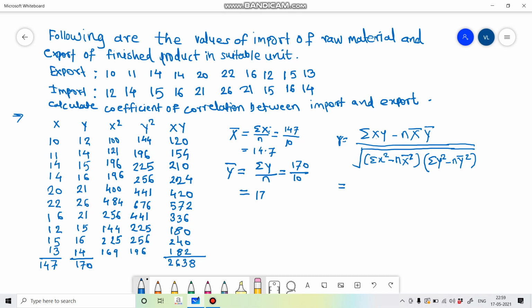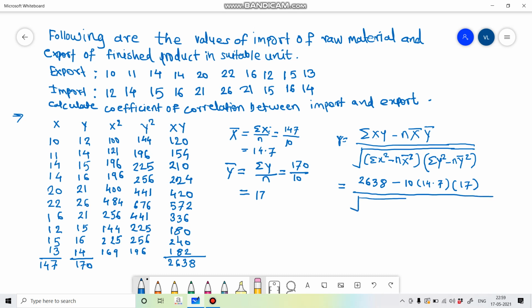Okay, now 2638 put here, minus n is 10 and x bar is 14.7 into y bar is 17.